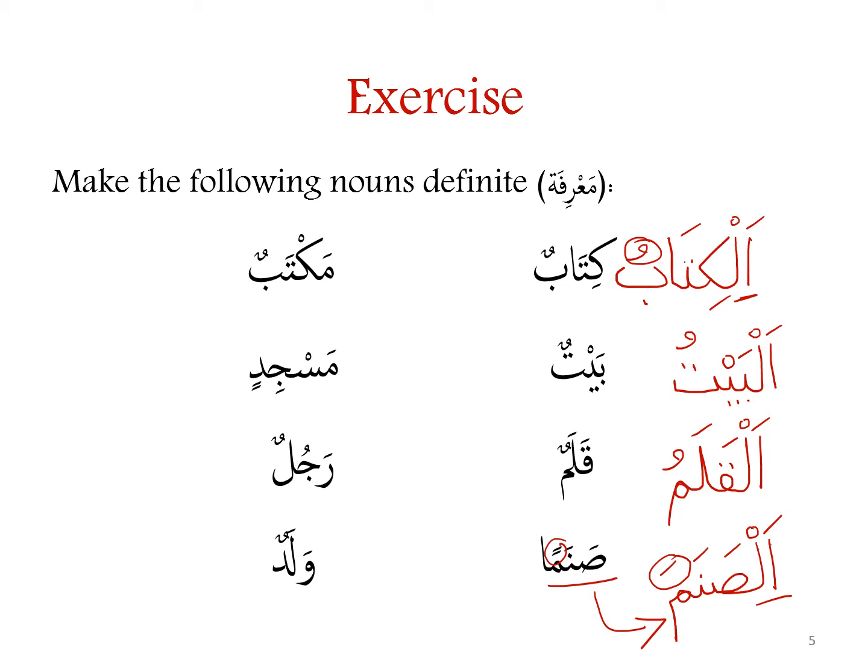So it doesn't matter which one it takes. When we're turning from definite to indefinite or the other way around, we keep the same haraka. The important thing is that the tanween has dropped, regardless of which tanween that was. So sanaman means a statue or an idol. Al-sanama means the statue or the idol.